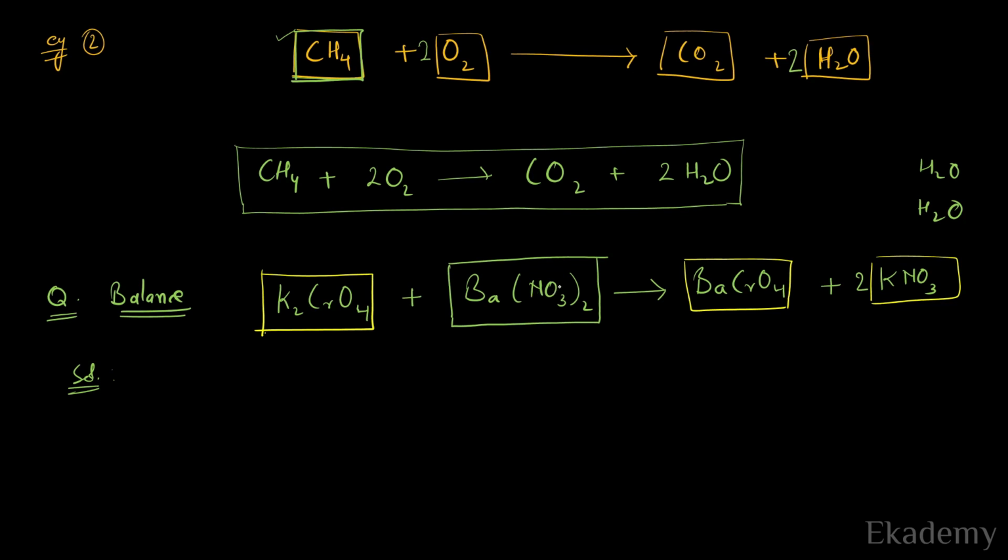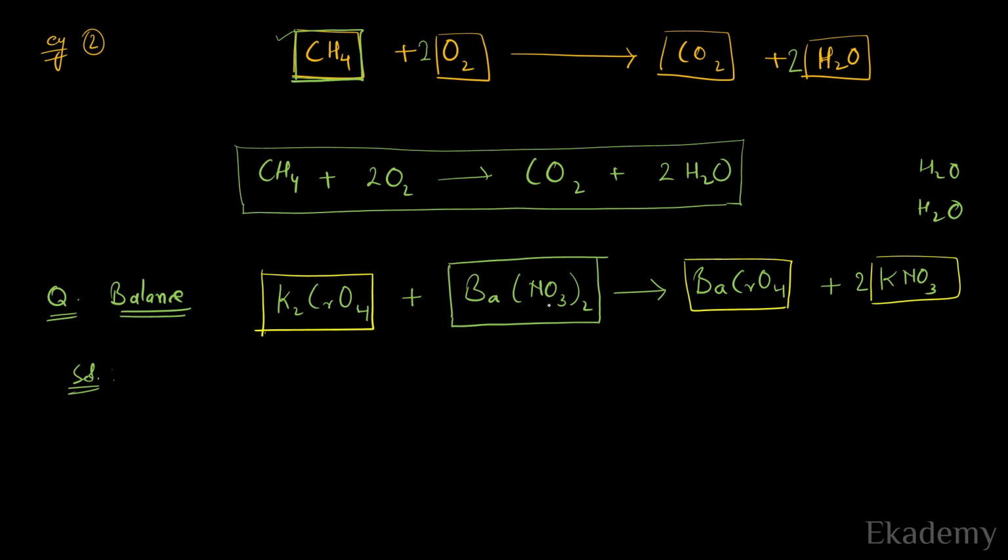Now the next atom is 6 oxygen in barium nitrate. And how many atoms do we have over here? 4, and we see 3 oxygen atoms in KNO3, and there are 2 molecules of KNO3. So overall, how many oxygen atoms? 3 times 2, which is 6. 6 plus 4, 10 this side.